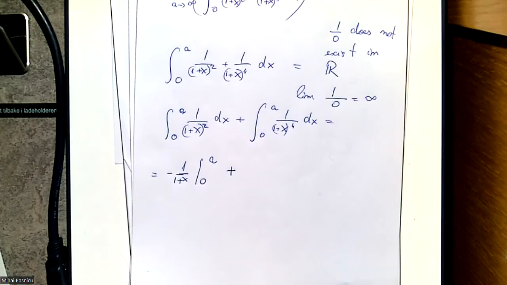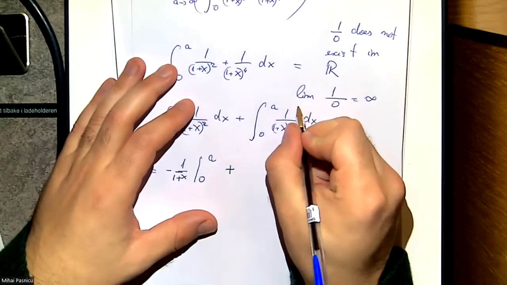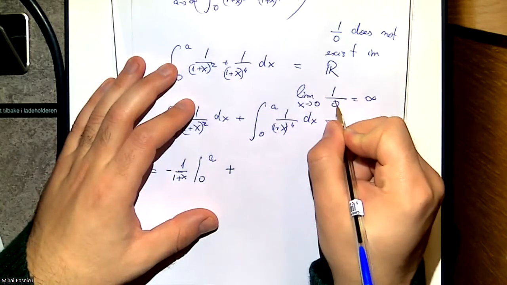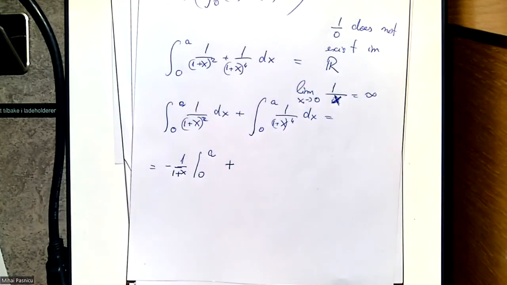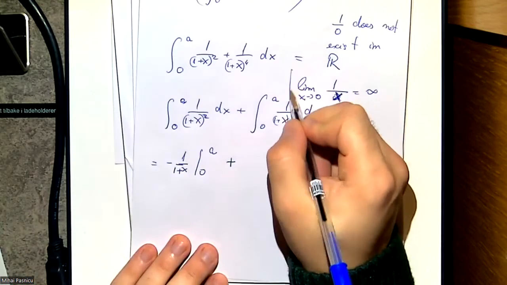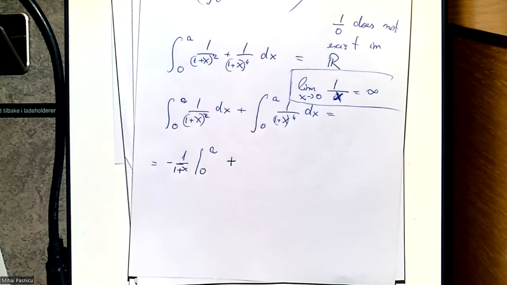Okay, let's agree on this. When you have limit of x goes to 0 of 1 over x, it is infinity, since you're in a limit. So you're allowed to put it in limits. You are not allowed to compute 1 divided by 0.